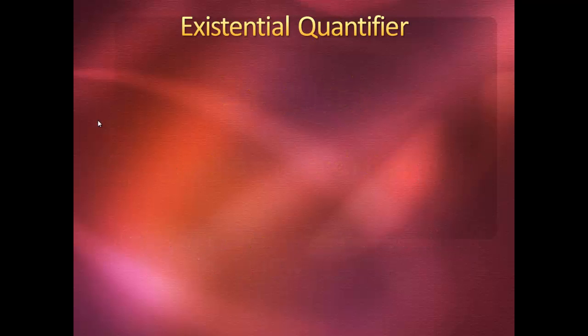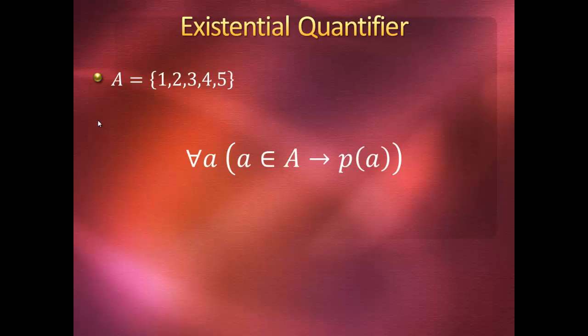We can also use the existential quantifier for a particular set, much in the same way we use the universal quantifier. Suppose that A is the set 1, 2, 3, 4, 5. Now, we can't say that P of little a is true for all little a in A, because clearly 1, 3, and 5 are odd, not even. But does there exist a little a in A that is even?